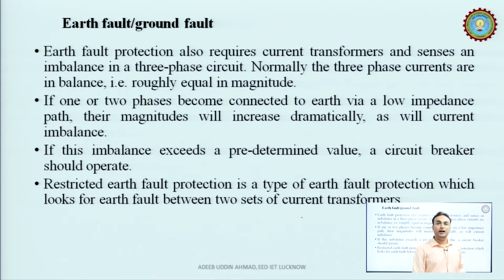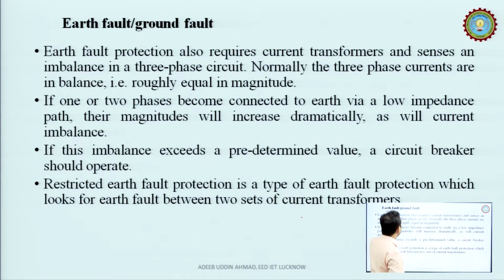Now, again, there is earth fault or ground fault protection. Earth fault and ground fault protection is very common. We have earth fault relays from the domestic point of view, and also from the commercial point of view. This protection is very common because earth fault is very common in power systems.